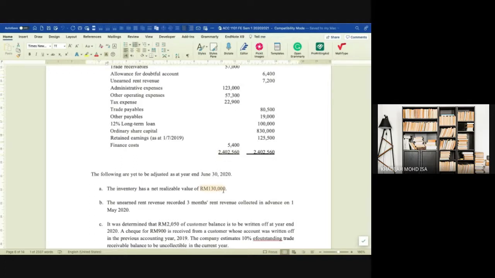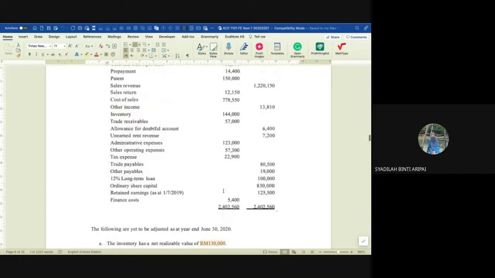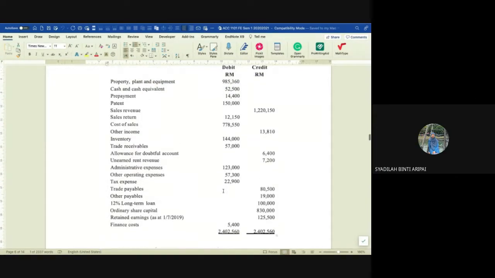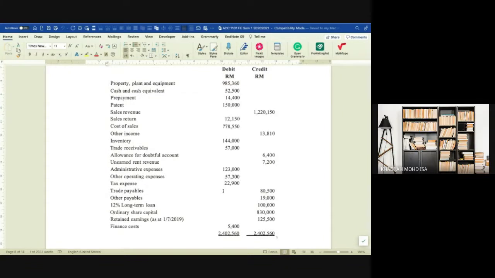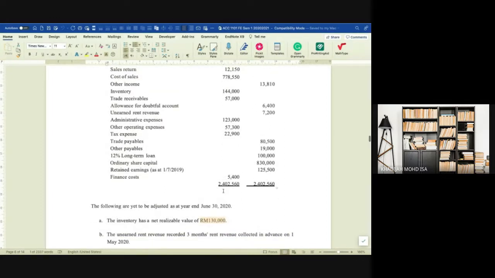Is that a reduction or an increase in the NRV of your inventory? Reduction. So then when there's a reduction in your inventory, what would be your journal entries? So you're going to reduce your inventory by how much? From 144 to 130 is 14,000, right?